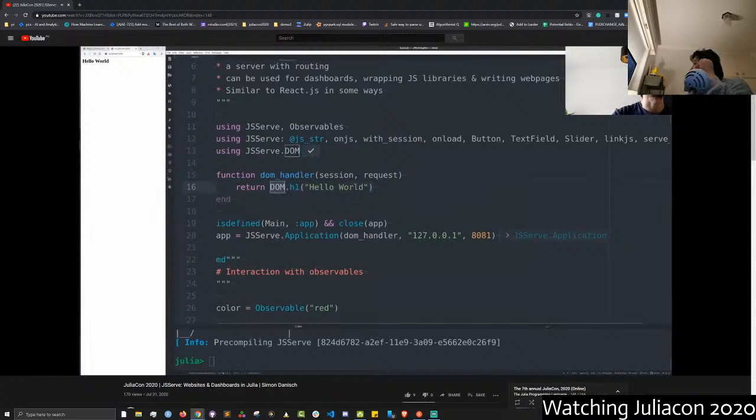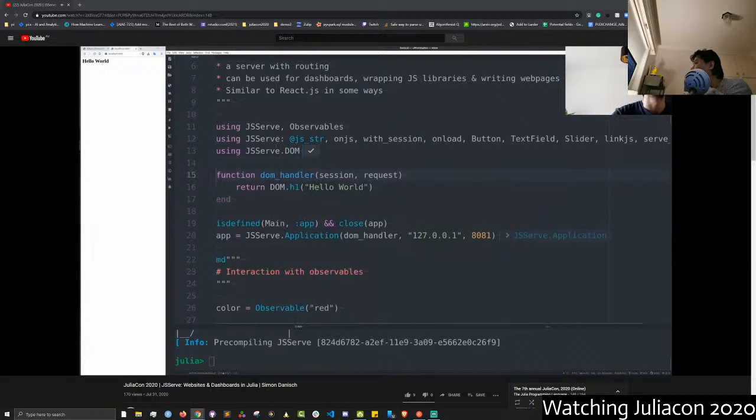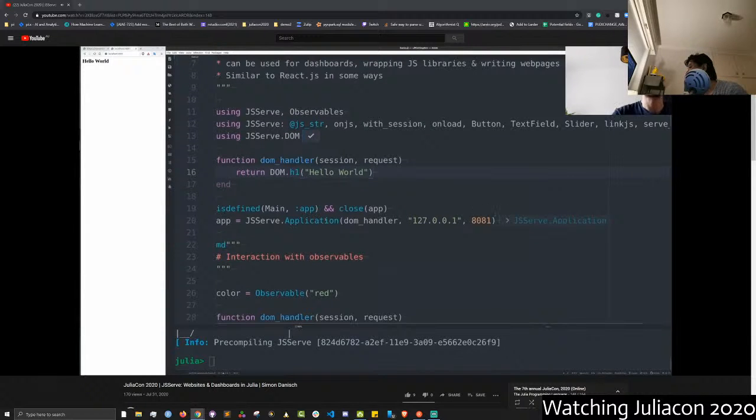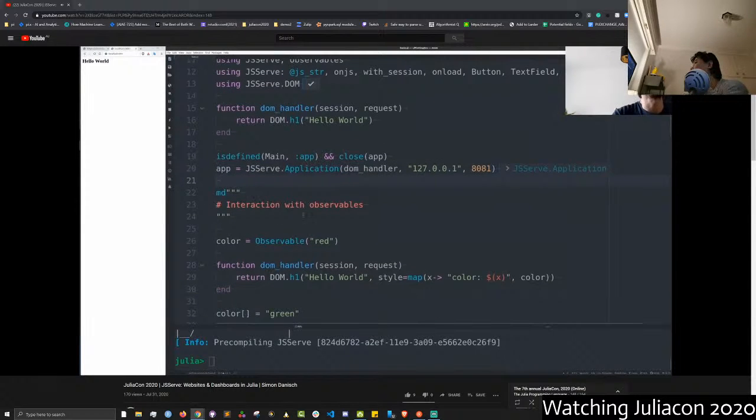And with this JSurf DOM module, you have all the different HTML tags wrapped that you can use. And then this uses actually Hyperscript and is a pretty nice Julia abstraction over HTML. Then you can run this handler with this application constructor here on a port and URL, and then you get this here. One of the core abstractions in JSurf is using observables everywhere.